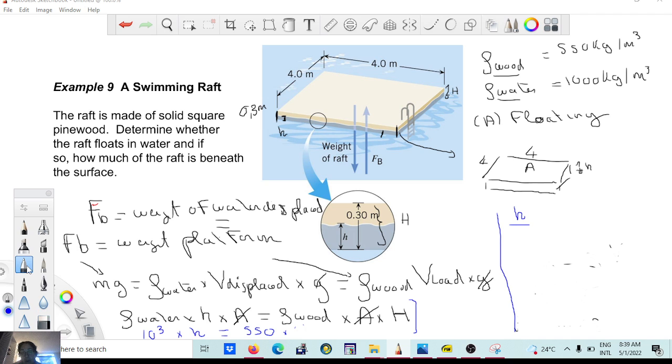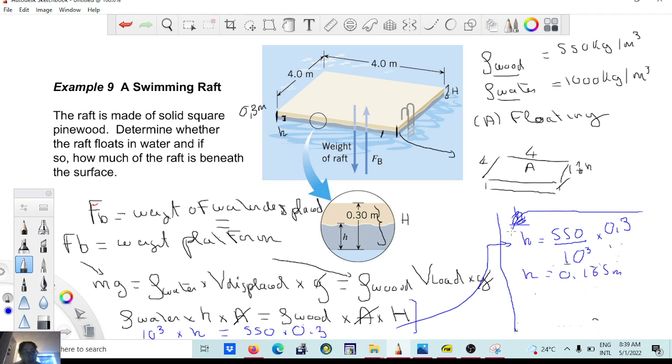Maybe it's easier for you if you do that. So here I have 0.3. I'm going to do it this way because maybe it's easier for you to plug in first. So you see that small h equals 550 divided by 10 to the third, and here I have 0.3. Okay, so you find that it's going to be 0.165 meters.